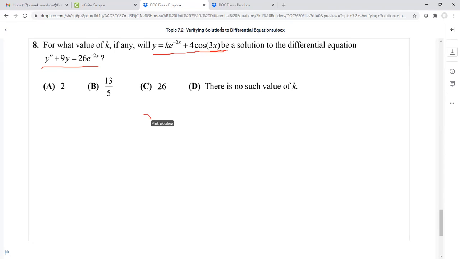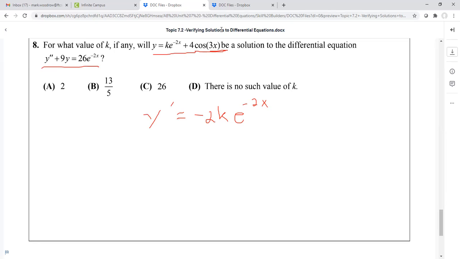So the first derivative is going to be, and that k value up there, that's a constant, so that's just a number. So when you do the derivative of e to the negative 2x, it's e to the negative 2x times the derivative of negative 2x. So that would end up being negative 2 times the k that's already in front, e to the negative 2x.